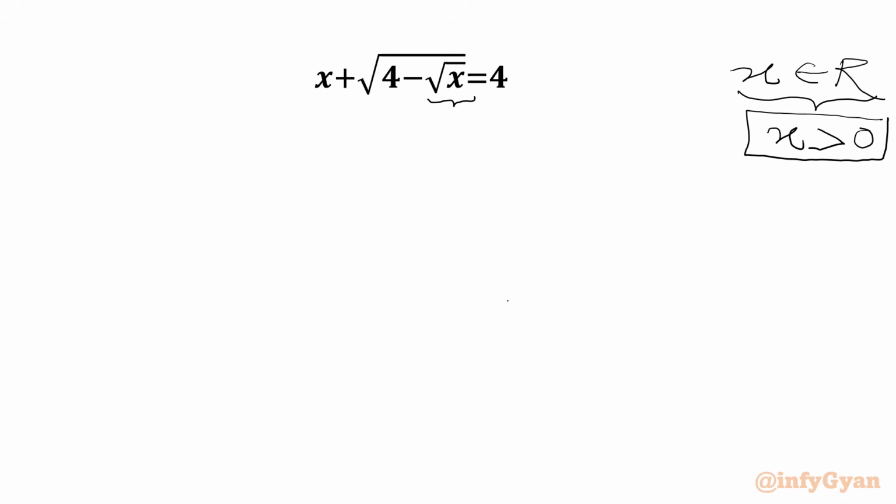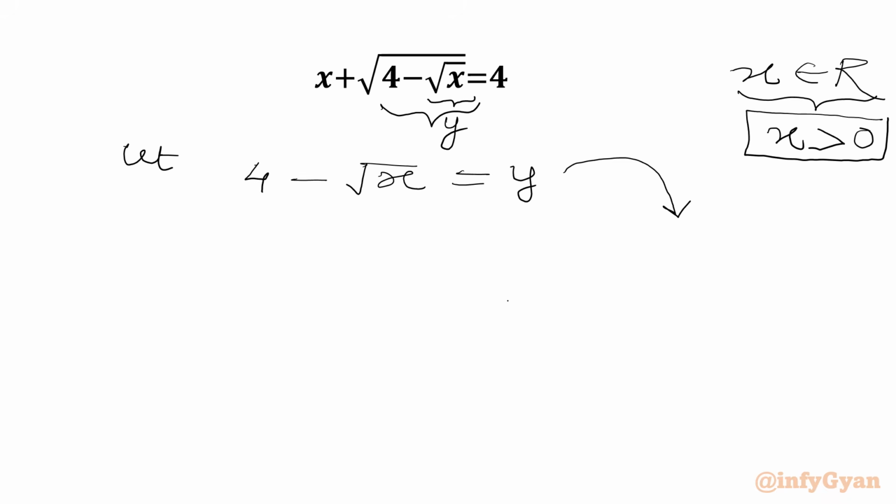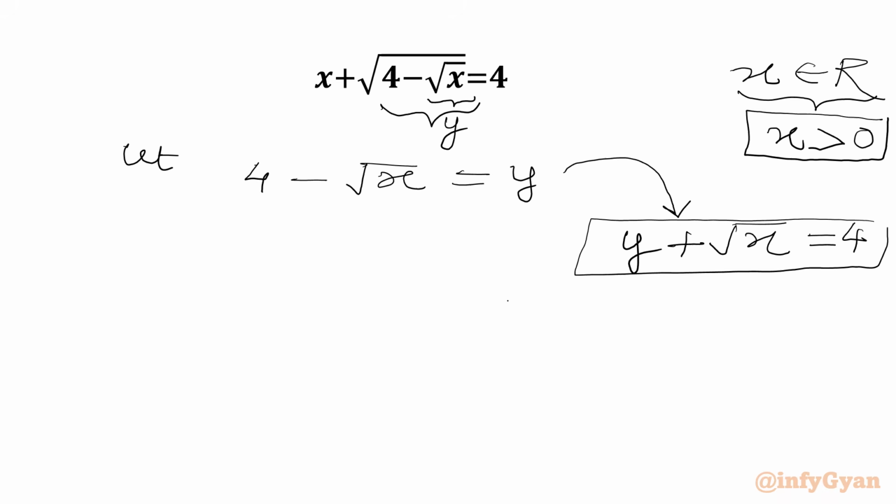Now we'll be using substitution. Let's say the radicand 4 minus root x is equal to y. So I will write here, let 4 minus square root x equal to y. So from this equation I can write y plus square root x must be equal to 4 as per our substitution.